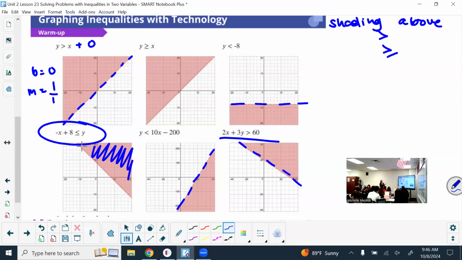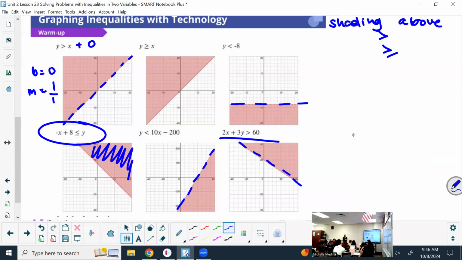So we already established the little line being underneath only tells you if it's dashed or solid. That's it. So if you want to rewrite the rule for dashed or solid, go ahead. It's dashed if it's this one or this one. It's solid if it's this one or this one. But not for shading.